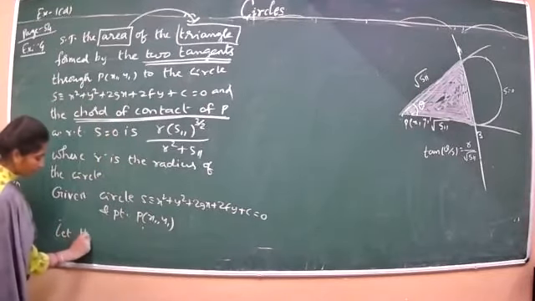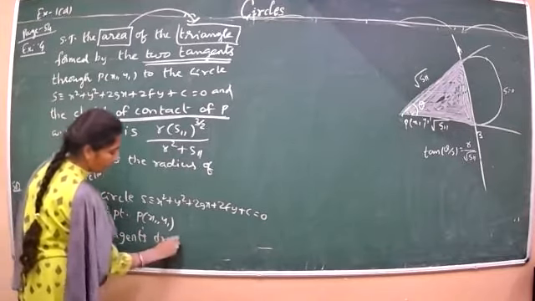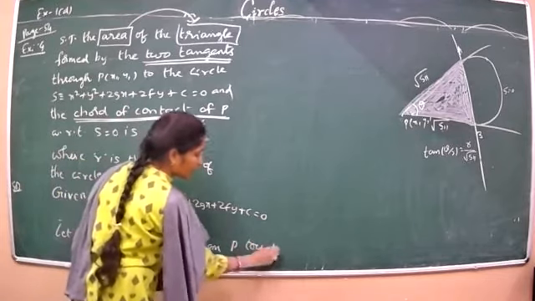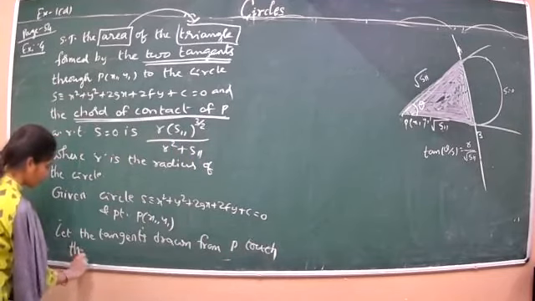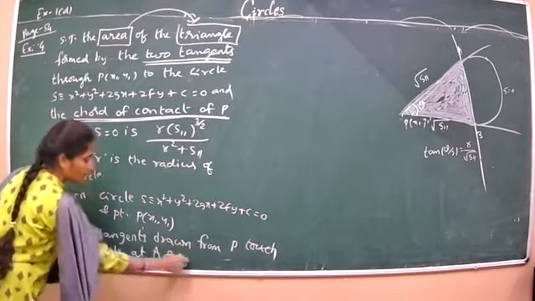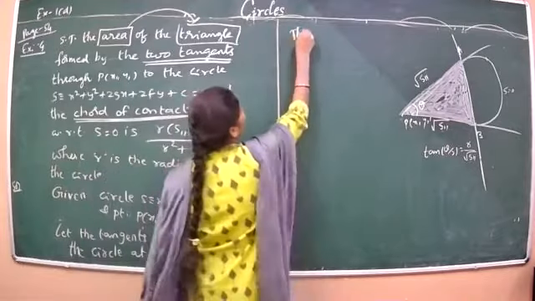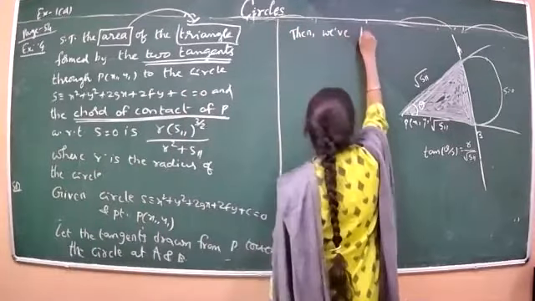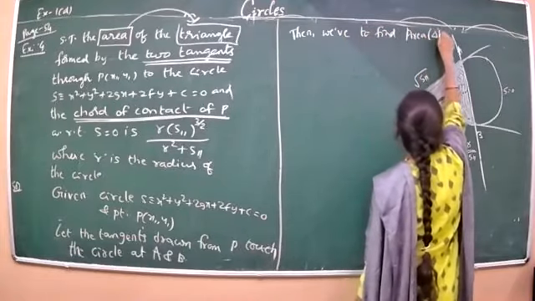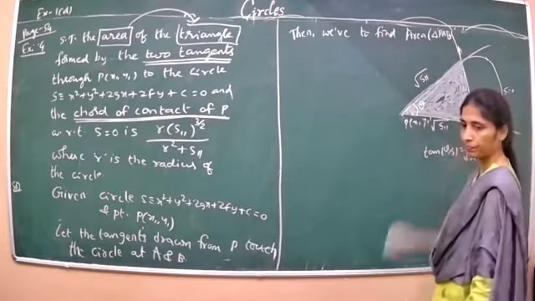Let the tangents drawn from P touch the circle at capital A and capital B. Then we need to find the area of the triangle PAB.